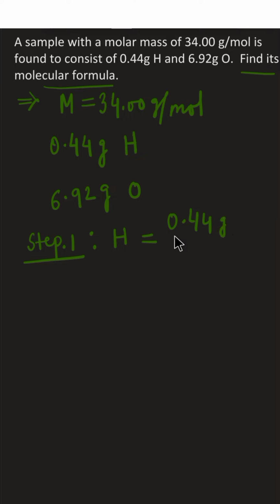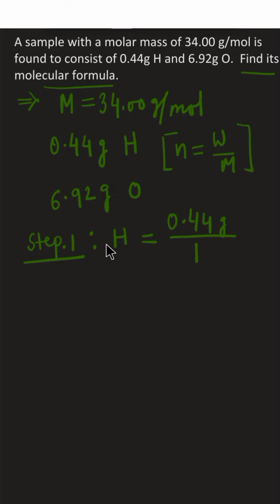So what is the number of moles of hydrogen in 0.44 gram? It is the given amount divided by the atomic mass of hydrogen, that is 1. For your information, the mole, or number of moles n, is given by W by M. Here W is the amount given or taken and M is the atomic or molar mass.